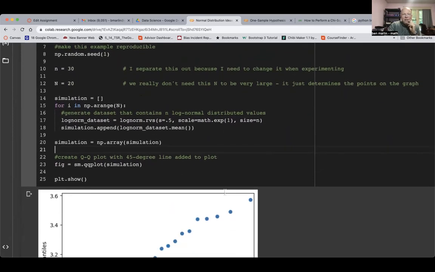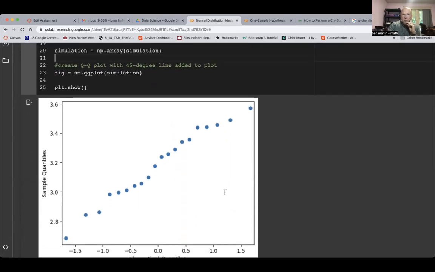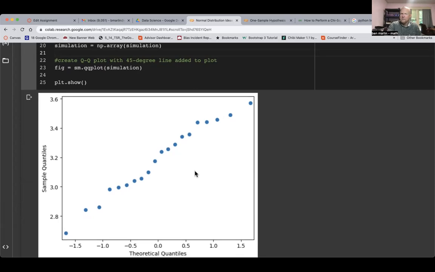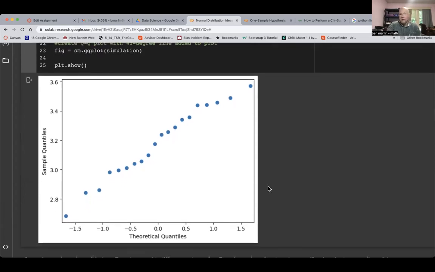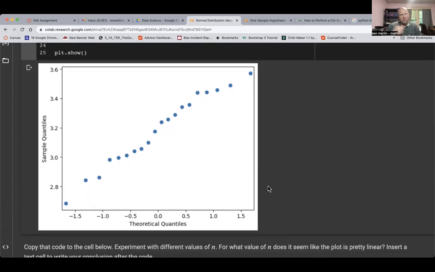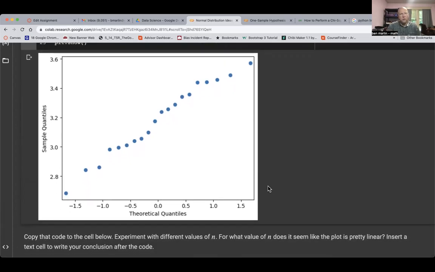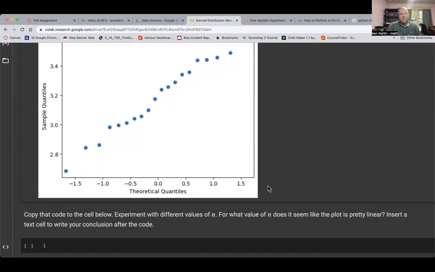But when the size of my sample was 30, even though I was taking from a log normal distribution, once I got the means there, I got something that's pretty much a straight line, okay? So it tends to be, if you're talking about means taken with a large sample, you'll get a normal distribution no matter what. And some of our theory that happens later on will depend on that, okay?